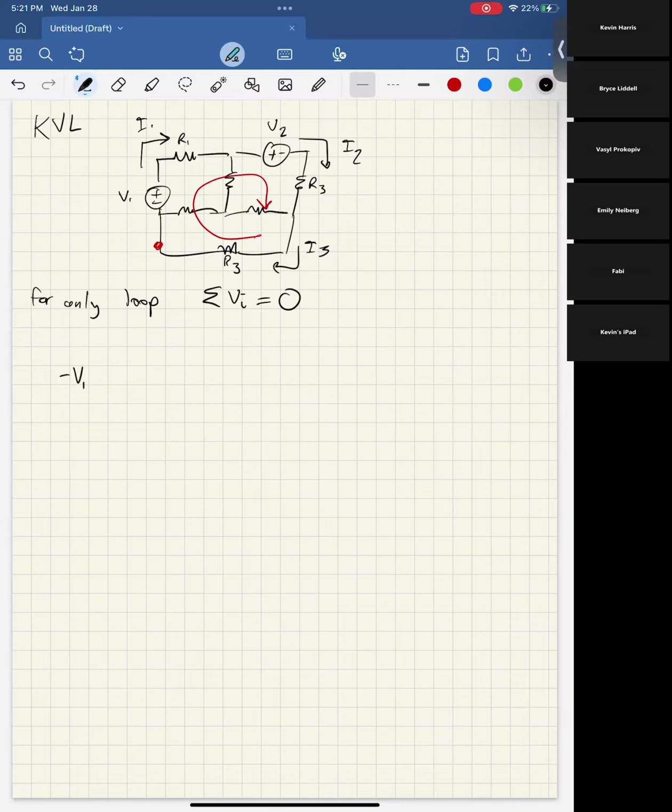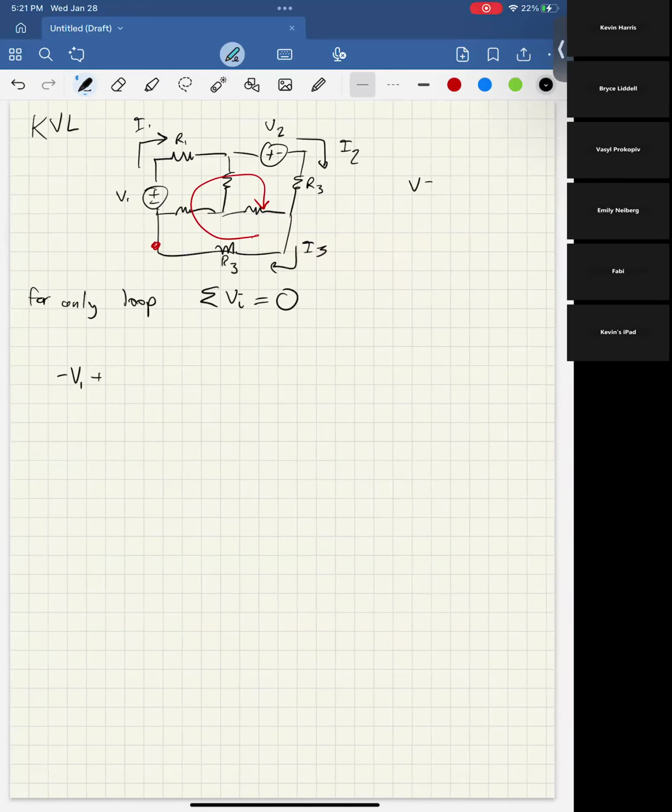And then here you'd have plus, remember for a resistor, V equals IR. So here you'd have I1 times R1, because that's the voltage across this resistor, right?